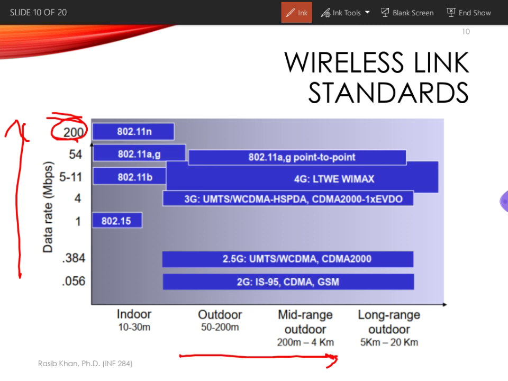One thing you notice here is that the shorter the range, the higher the max bandwidth. And that is more common for our indoor networks. There are other networks, for example GSM and CDMA, which are more common for cellular communication.